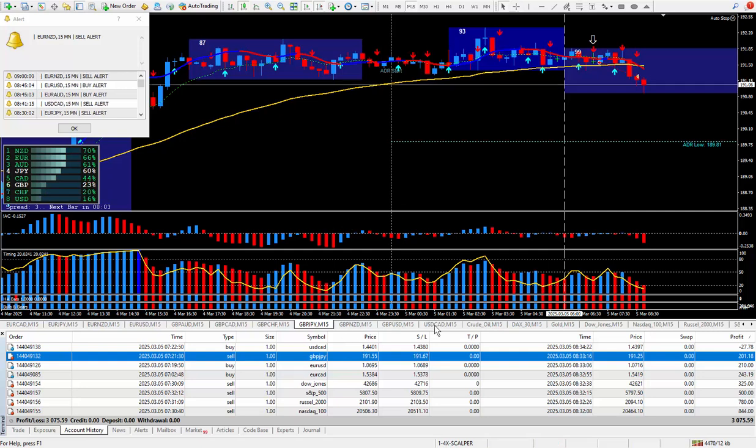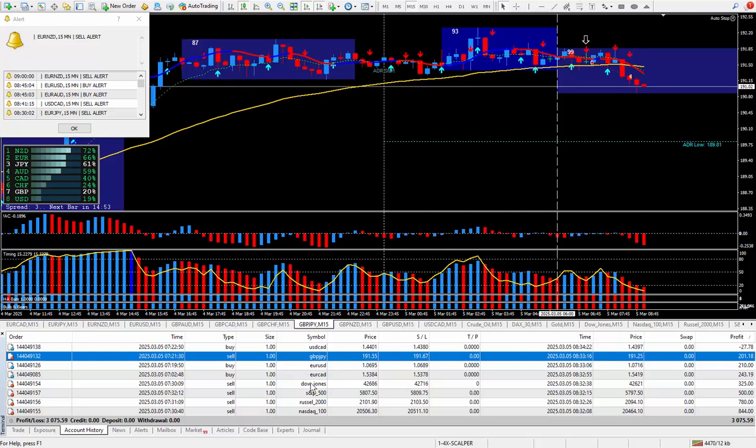Remember, I don't need a lot of pips or ticks on each trade, mainly because I'm doing five trades or more usually. It just depends on what I'm trading and how I want to trade for the day. Obviously, with the futures and the indexes, you don't have to do a lot of trades to make some pretty good ticks.